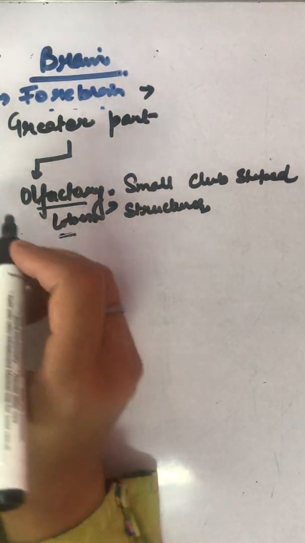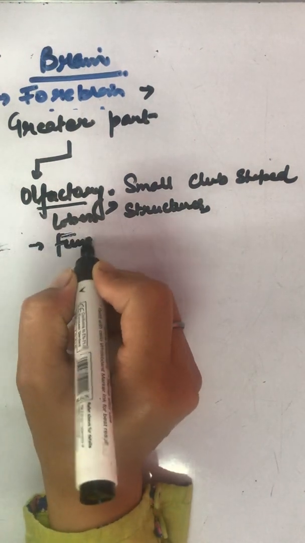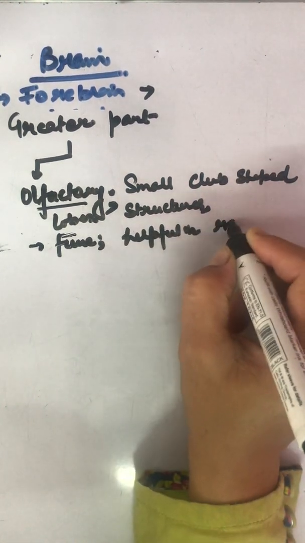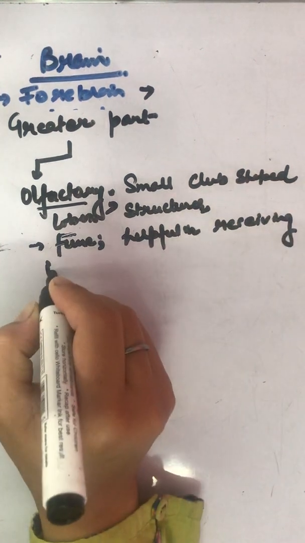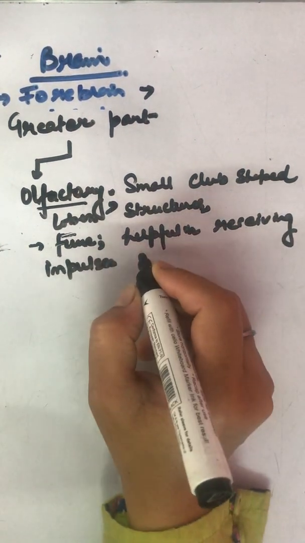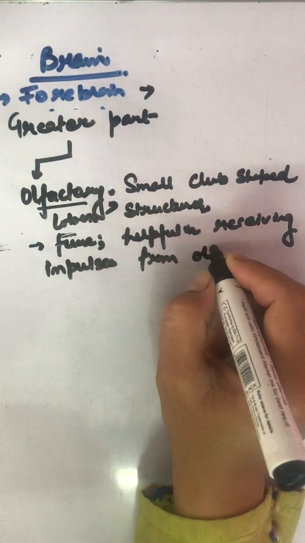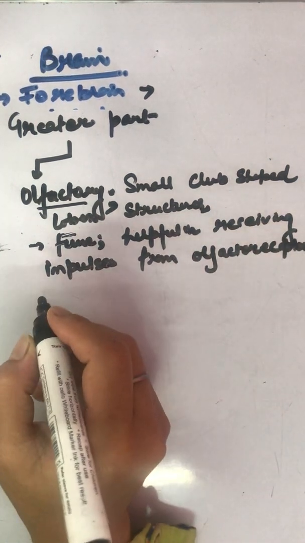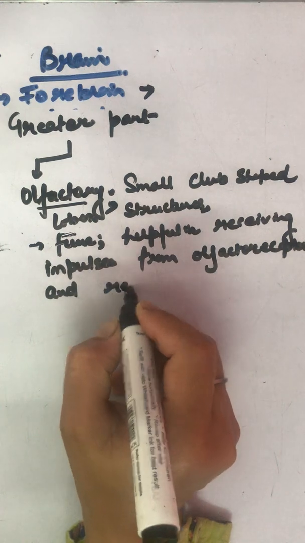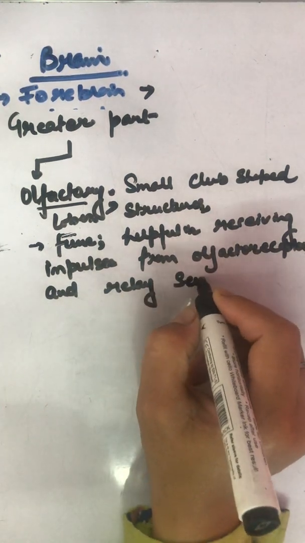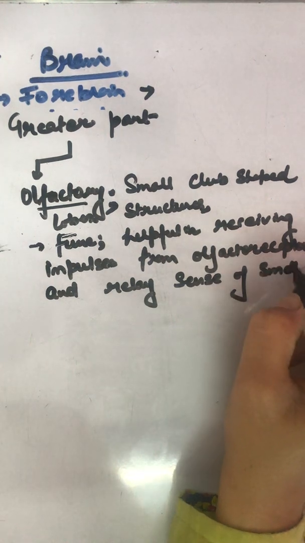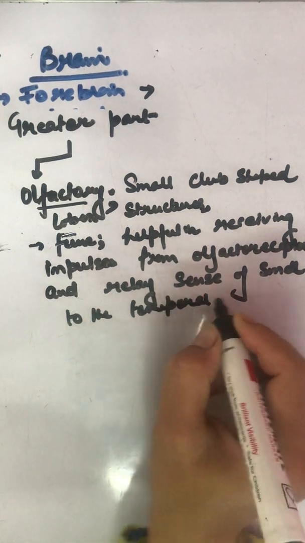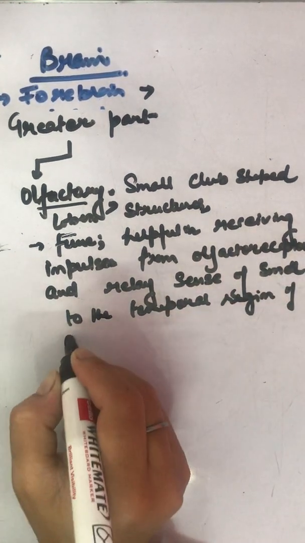Then talking about their function, what these olfactory lobes do: they are helpful in receiving impulses from olfactoreceptors and relaying the sense of smell to the temporal region of the brain.